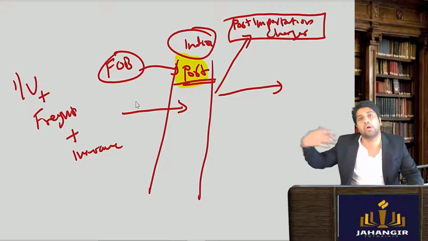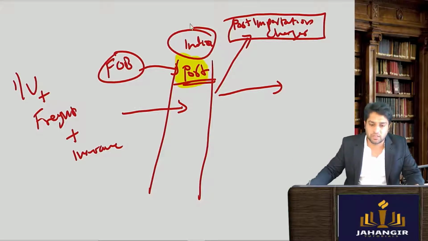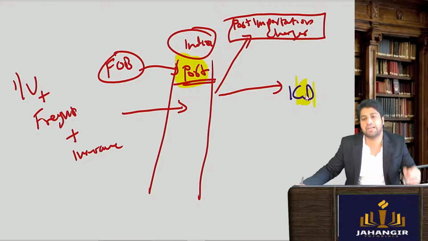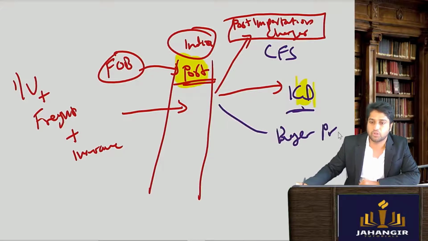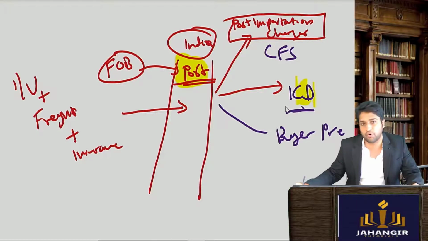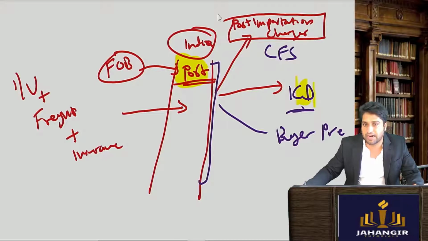From the port to anywhere, to the buyer's place, to anywhere. Inland container depot is a place within India. Your Indian container depot, to the customs freight station, to the buyer's premises. Do you think all this should be added in the cost of imported goods? The answer is no. These will not be added, since they are post importation expenses.